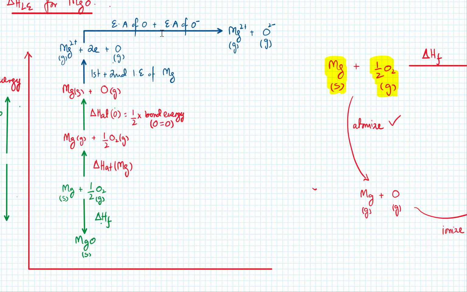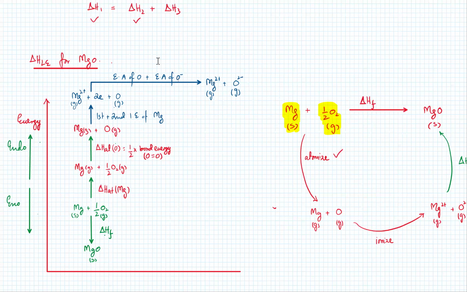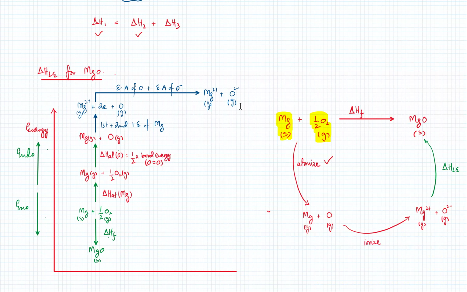Now, I'm pretty sure about atomization being endothermic. I'm also sure that the ionization energy is endothermic, so the arrow is going up. But this part is tricky, which is electron affinity. Remember when we talked about electron affinity, where the atom gains electrons?